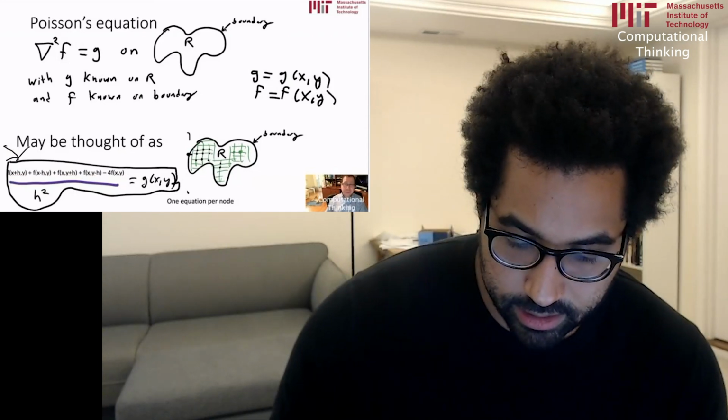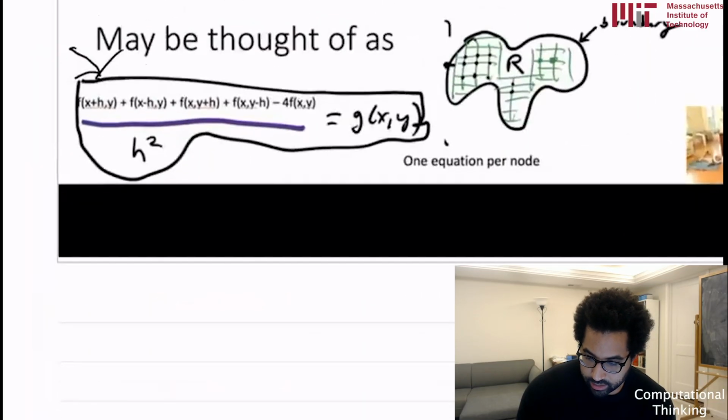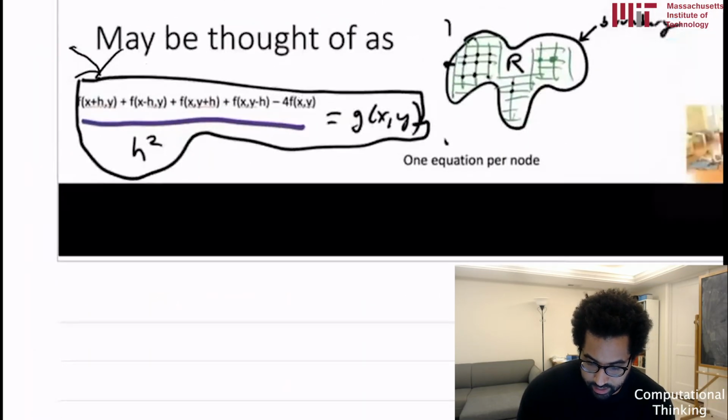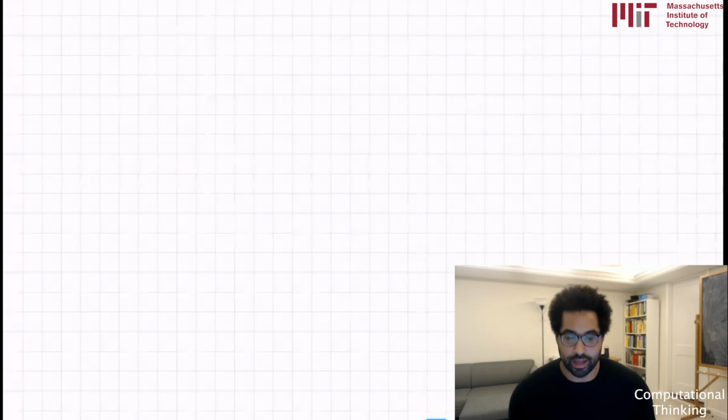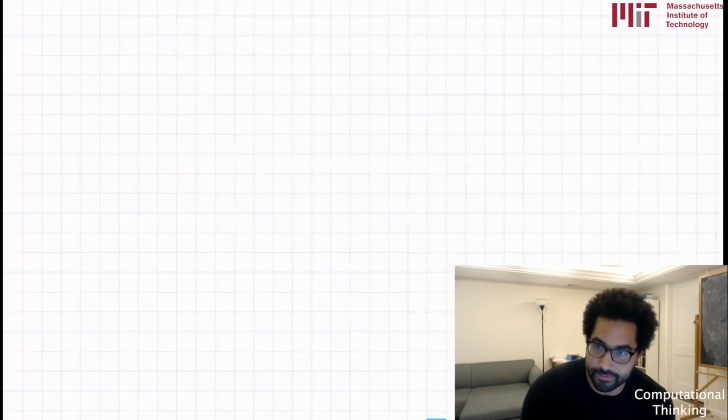So to get started, let me just say that I will be using slightly different notation than Alan did in his previous lecture. So the problem we want to solve is not quite Poisson's equation, because our setup is going to be the following.